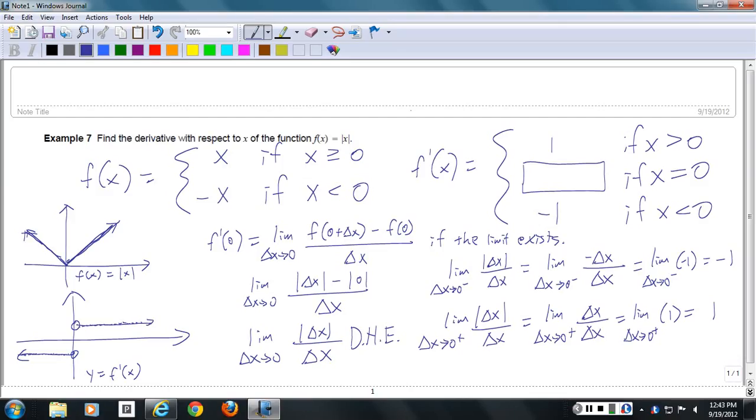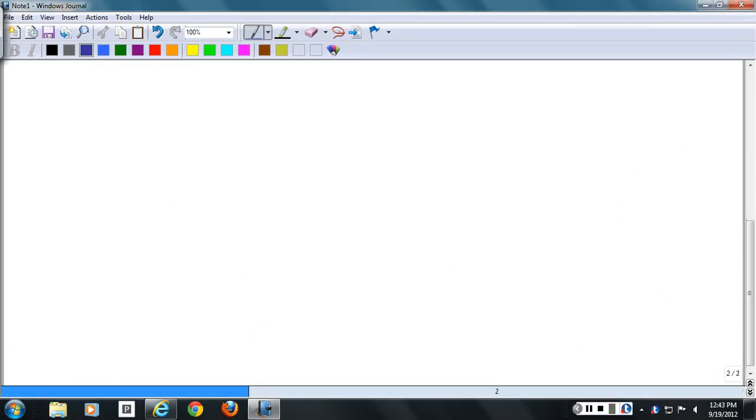And the takeaway from this is that when we're looking at a graph and there's a sharp edge, we've got a graph that looks like this, and it doesn't have to be a right angle, it can be just a corner.